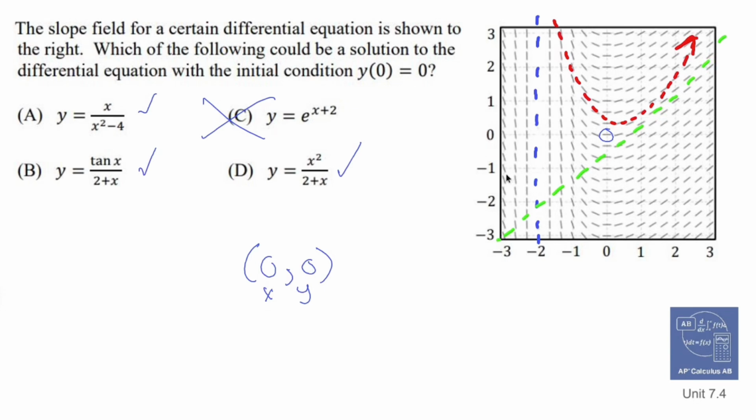Now only one of these is going to give us a slant asymptote, and a slant asymptote exists when the degree in the numerator is one more than the degree in the denominator, and that happens to be D. You would level out at 0 and have a horizontal asymptote at 0 because the degree in the denominator is higher than the numerator, and that's not the behavior that we're seeing here.